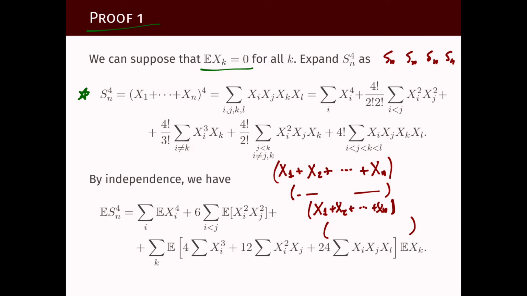Well, what else can we get? Well, we can get x1, x1, xn, xn, which means x1 squared, xn squared. Or we can get x3, x3, x2, x2. So that will be x3 squared, x2 squared, and so on.